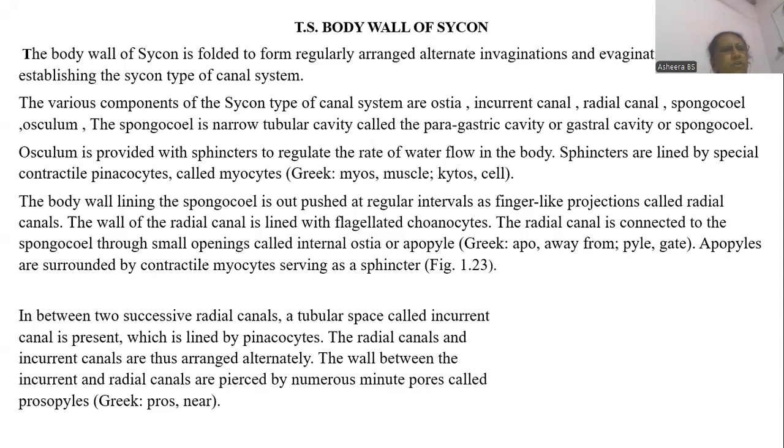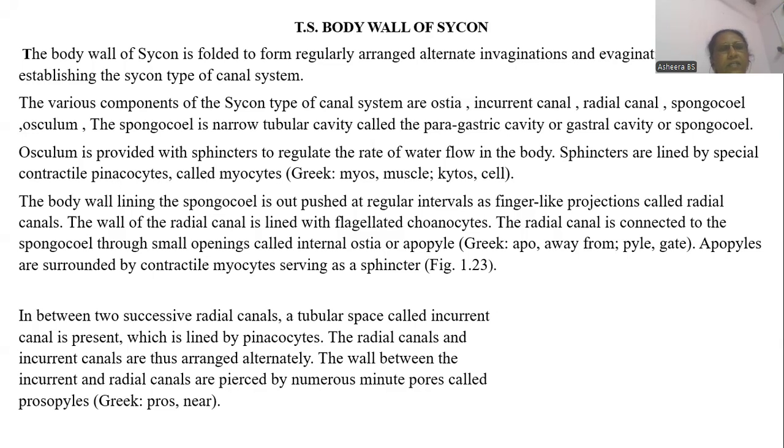If you take any two radial canals, in between them you'll find the tubular incurrent canals. This incurrent canal is usually lined by pinacocytes. Radial canals are lined by choanocytes. The choanocyte layer is the inner layer, which we call the endoderm. Then the pinacocytic layer is the outer ectoderm. So the pinacocytic layer is lining the incurrent canal.